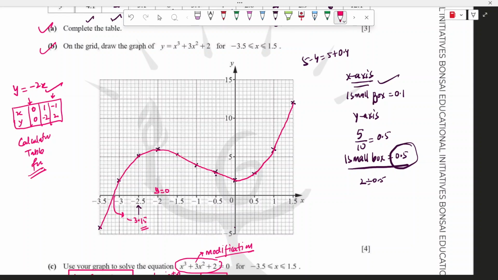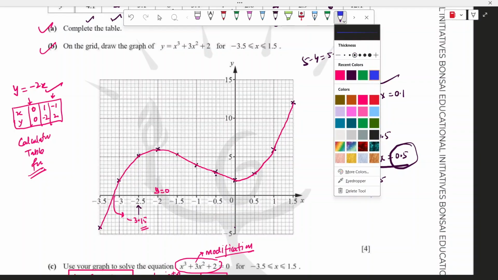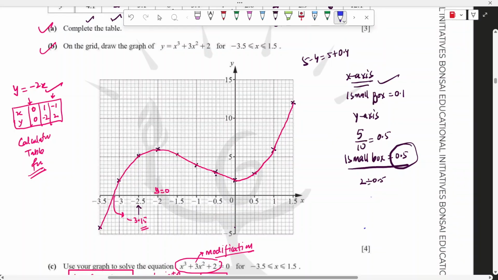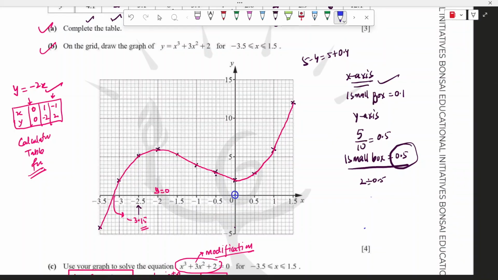Okay, fair enough. So 0 comma 0, let us draw this with a different pen. 0 comma 0, that is the first point, and the second is 1 comma minus 2. So x is 1 here and y is minus 2. Minus 2 means 4 small boxes because this is 0.5 for 1.